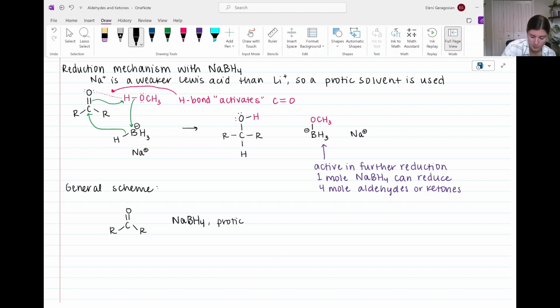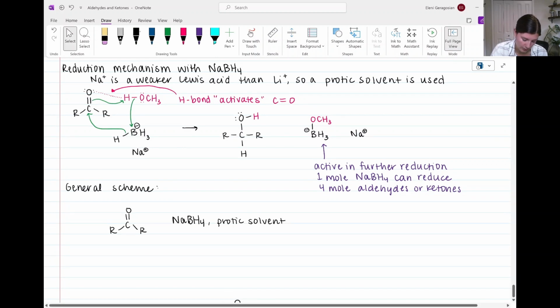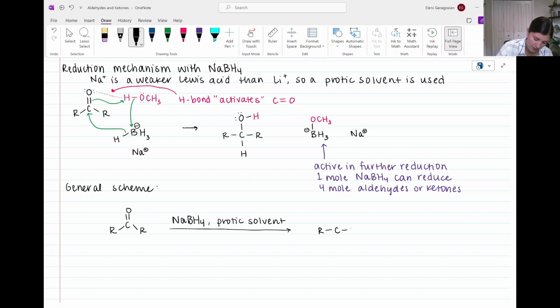In this case, a protic solvent is required to protonate the carbonyl oxygen. Sodium borohydride provides the hydrogen to the carbon. If there were no protic solvent present, we would end with the alkoxide, so a negatively charged oxygen without a bond to a hydrogen. And then the desired product is the alcohol version of the aldehyde or ketone.